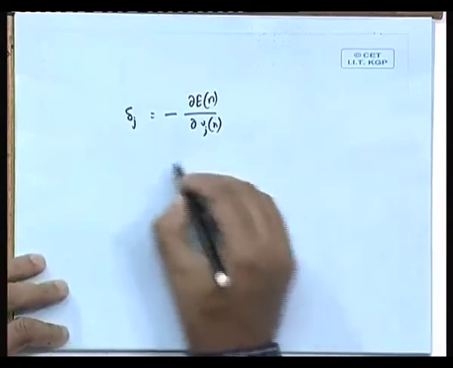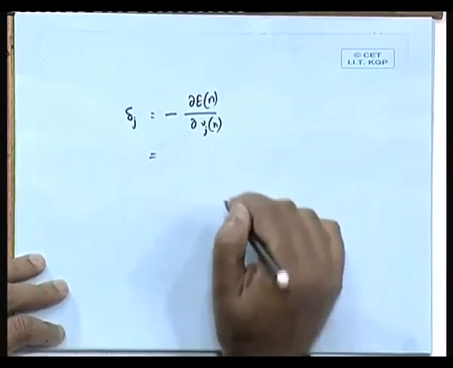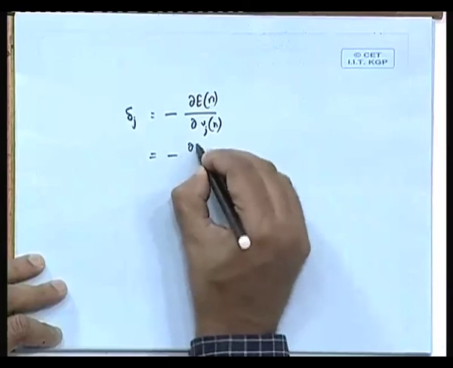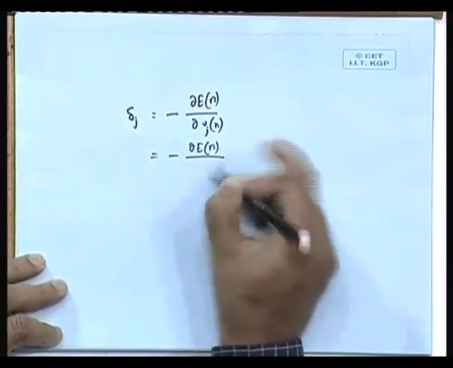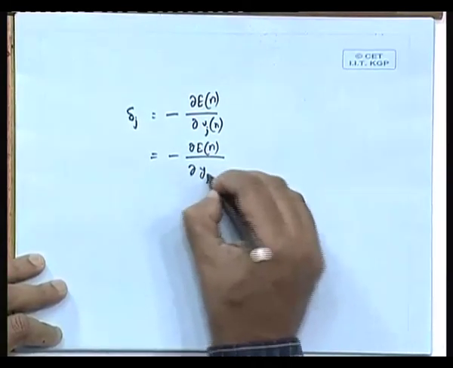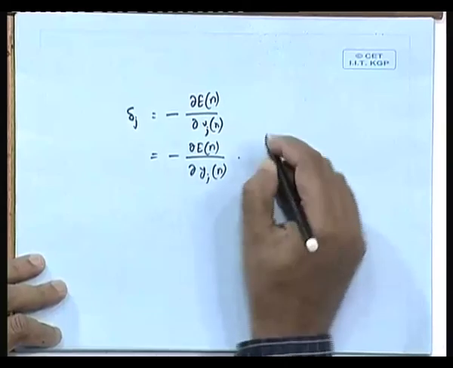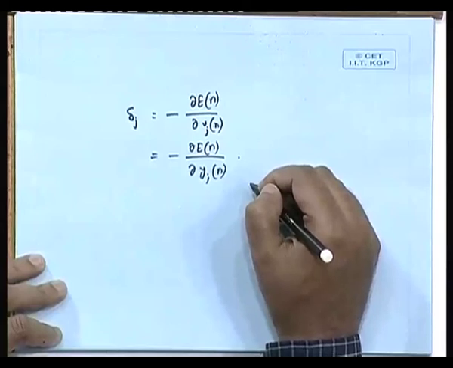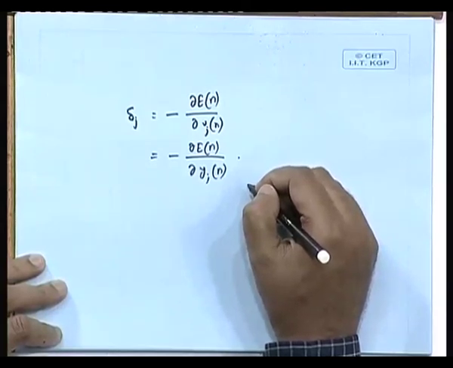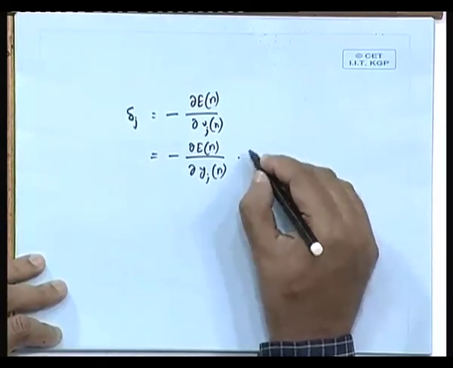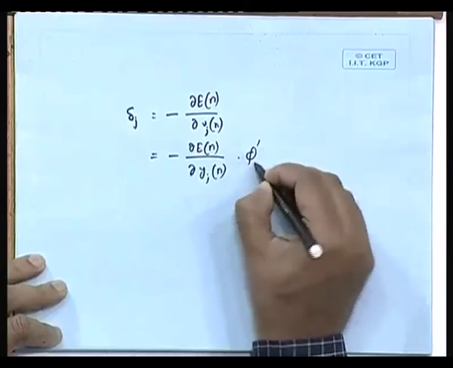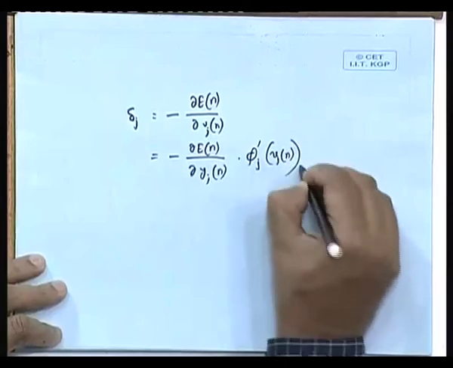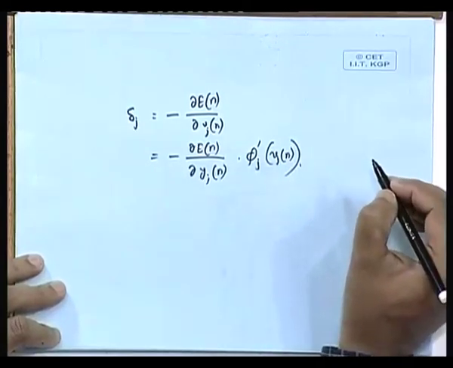Instead of expressing that directly, we can express it as dou En by dou Yj of n, multiplied by dou Yj of n with respect to dou Vj of n, and that is the derivative of the activation function of the jth neuron. So this should be phi dash j of Vj of n. Is that understood?